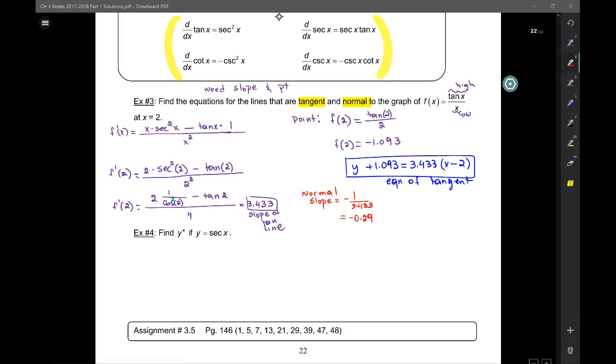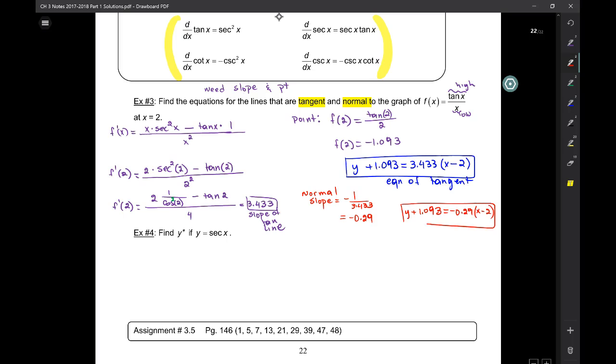So the normal line, huh? No, no. We never, ever, ever put a decimal inside a fraction. That's not good form at all. So you can never do like 3.4 over 5, okay? So it's going to be y plus 1.093 equals negative 0.29 times x minus 2.